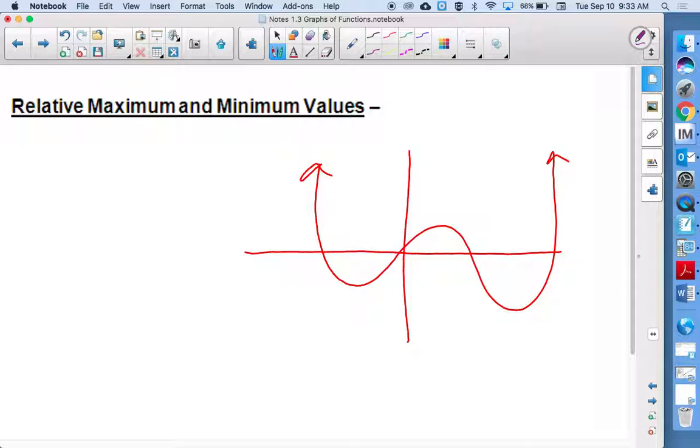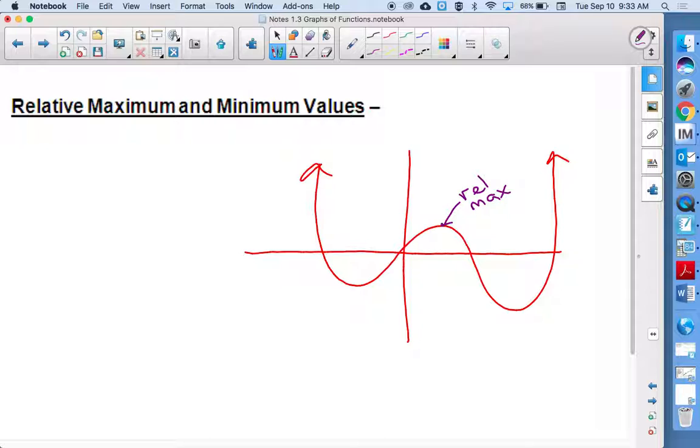It goes up to positive infinity. However, a relative max is the highest point of the graph with respect to the points that are around it. So right here, this is called a relative max. It's the highest point with respect to the ones that are around it. It's the top of the hill.